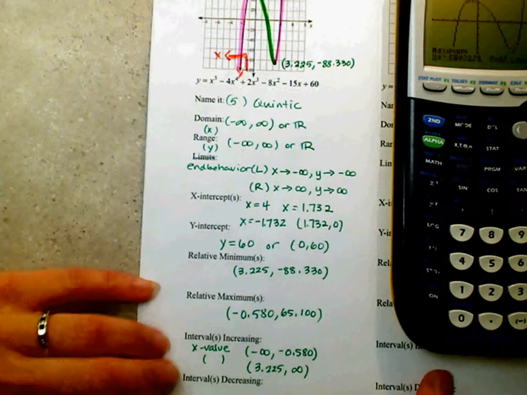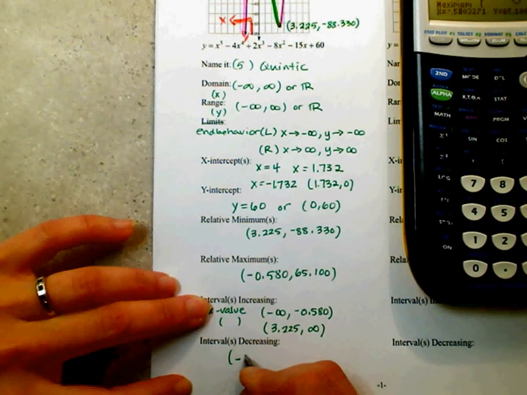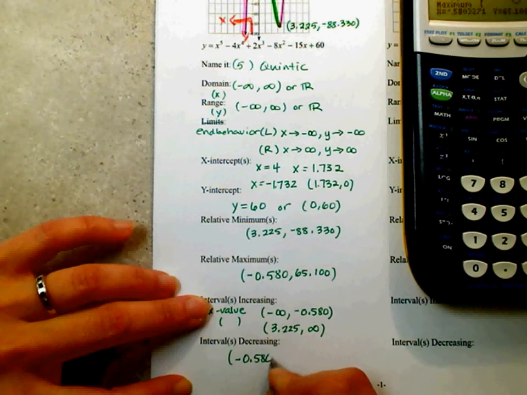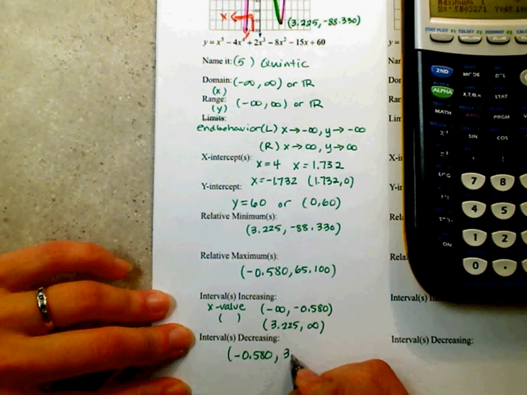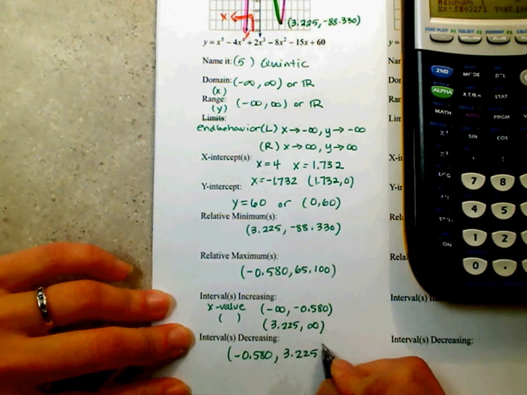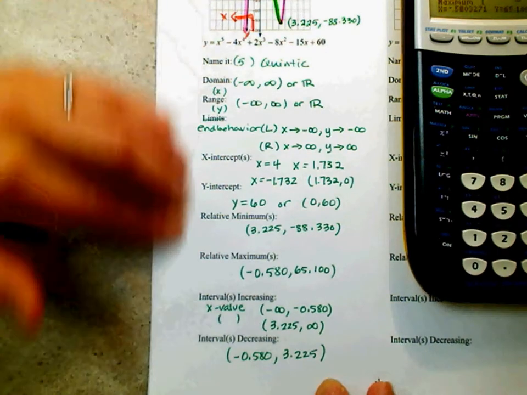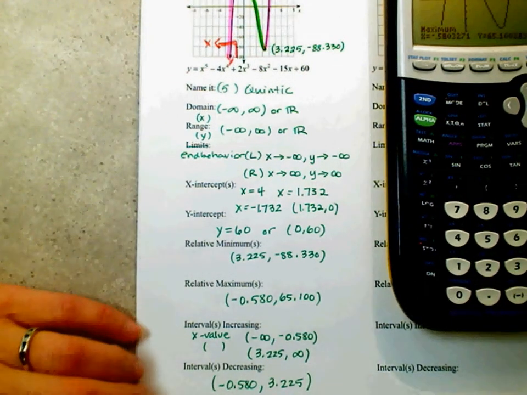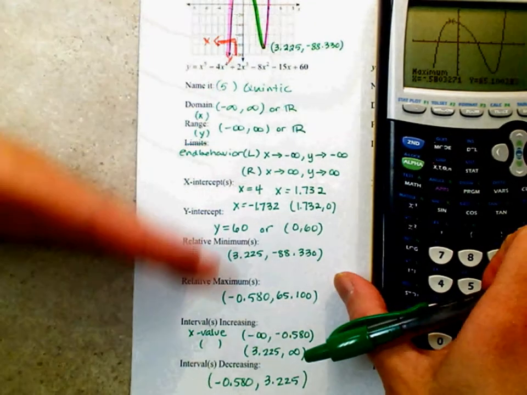So negative 0.580, that's your x value that it starts, and it ends at the 3.225 x value. That was the only decrease you have, and now you have filled that out. Okay? You can do this. So there is a lot here to do, but it's all based on one graph.